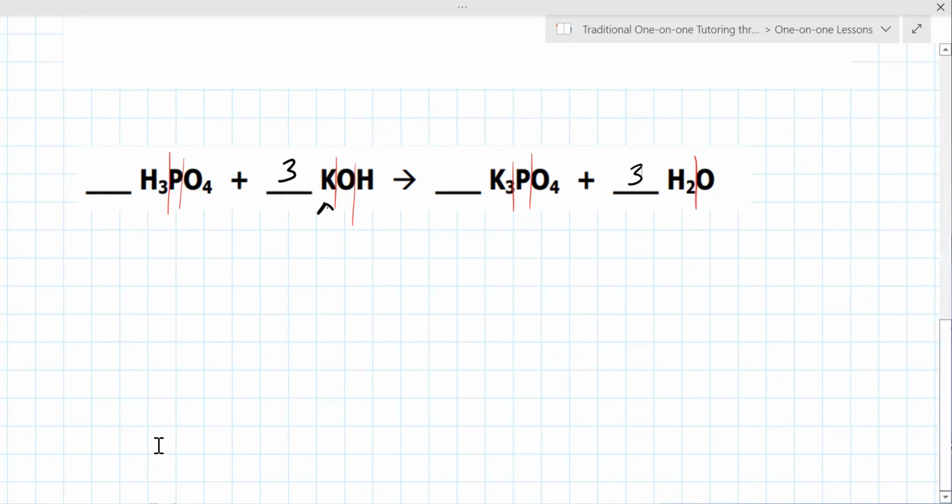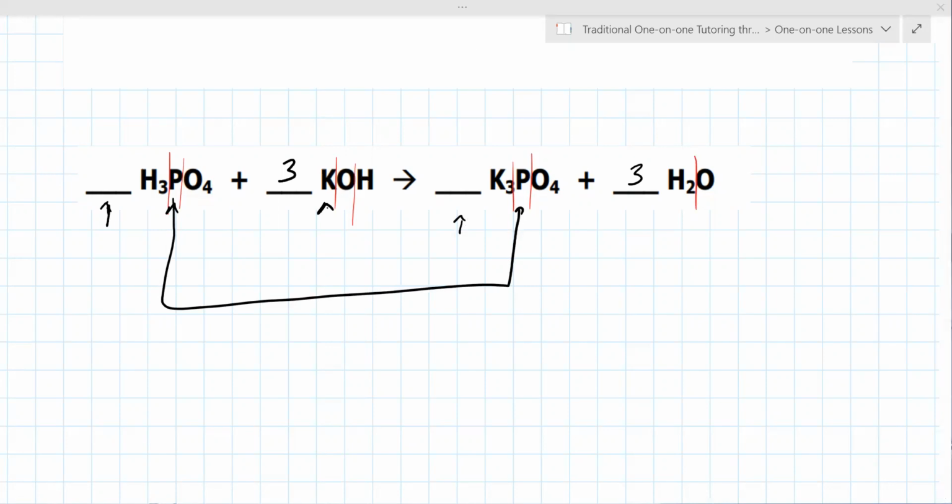The only one we haven't looked at is P. 1 P, 1 P, we're good. One thing that tells you, when there's only P in one place, is that whatever the coefficient is, they will always match as well. That's another thing to look for. So that would do it for this one. All right, that makes more sense.